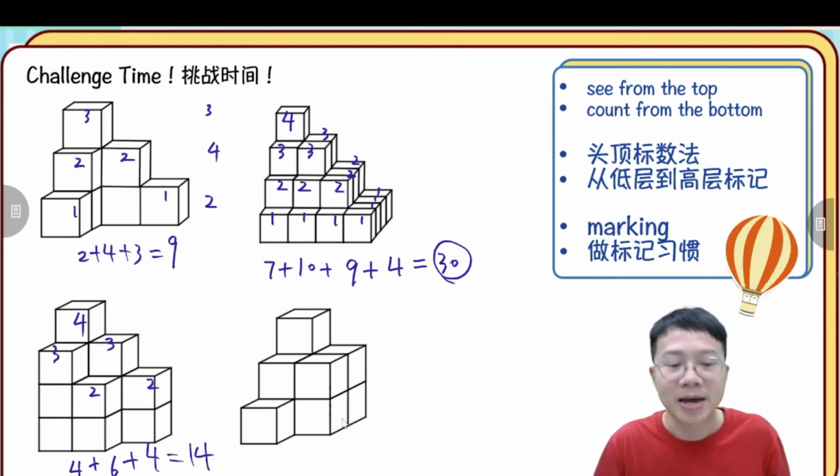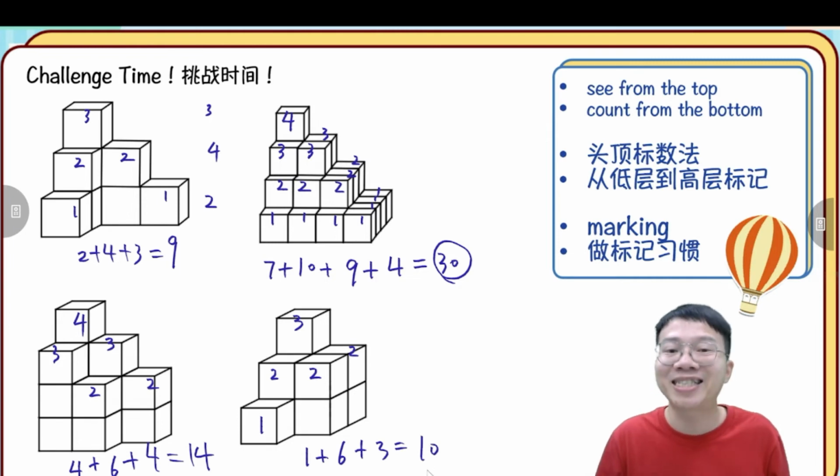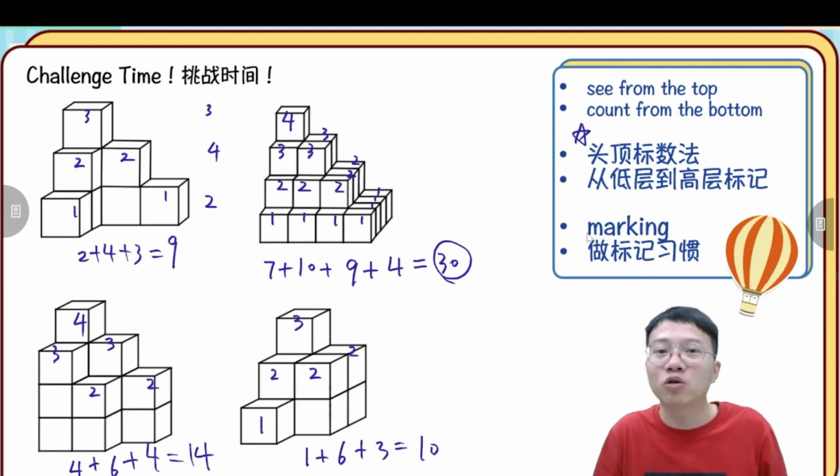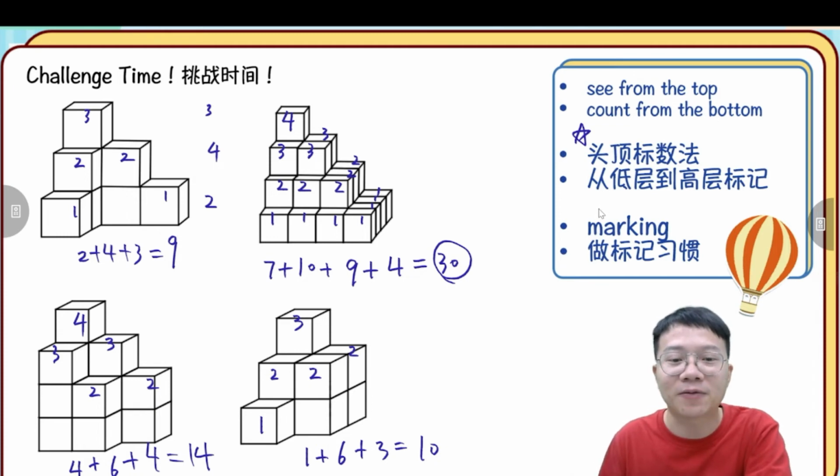And the last one, 1 at the bottom, and then we have 2, 2, 2. Altogether we have 6, and then we have 3 on the top. So this one also makes 10 cubes here. Okay, so here remember the method here, 头顶标数法或者标记法都是可以的，好吧？So this is about the first exercise.